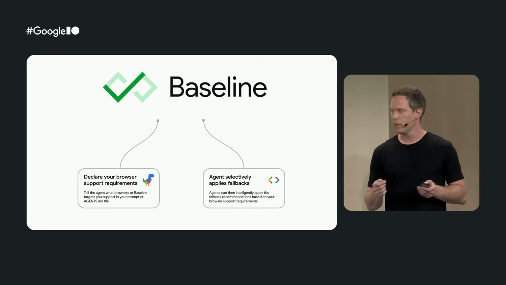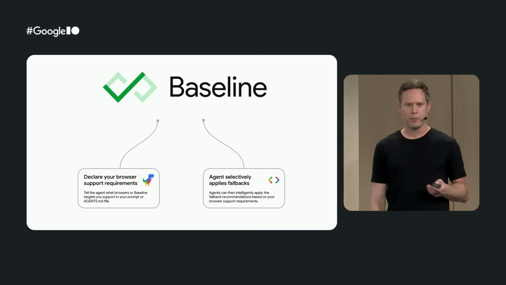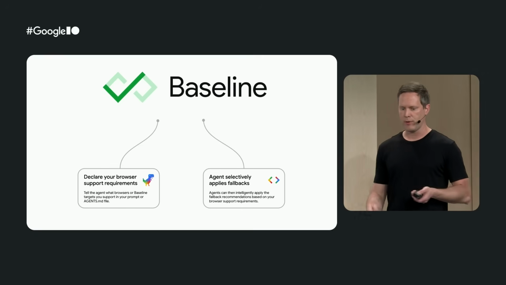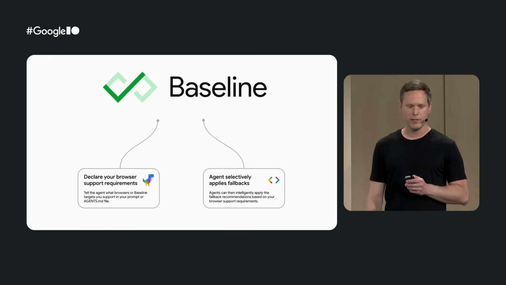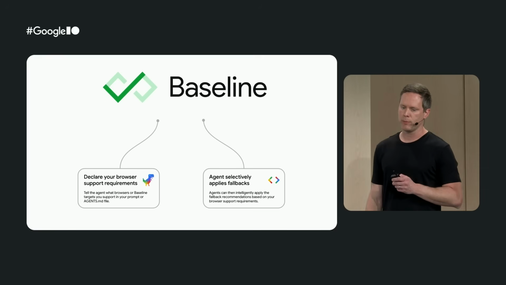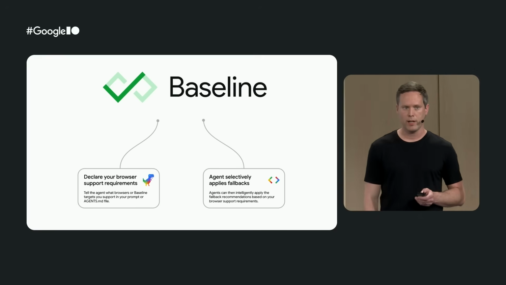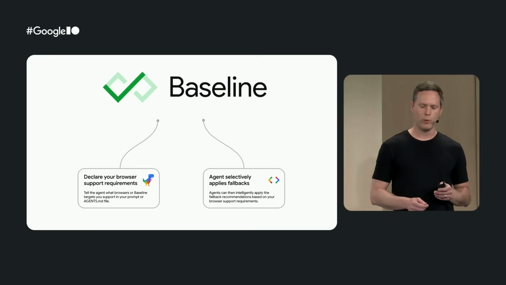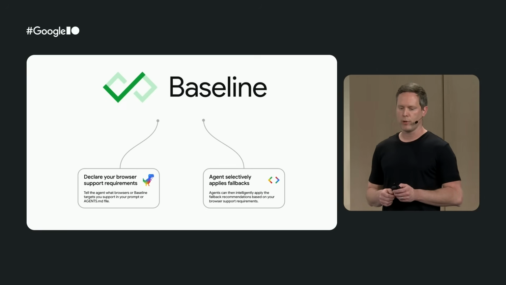For example, if you're building an Electron app and you set in your agents.md file that you only need to support Chrome 144 and newer, then if the agent encounters a fallback for something like, say, scroll-driven animations, which shipped in Chrome 115, then the agent can ignore that recommendation and just stick with the modern implementation. This allows the agent to custom tailor each guide's implementation to the specific browser support requirements of your project, rather than always having to take a lowest common denominator approach.